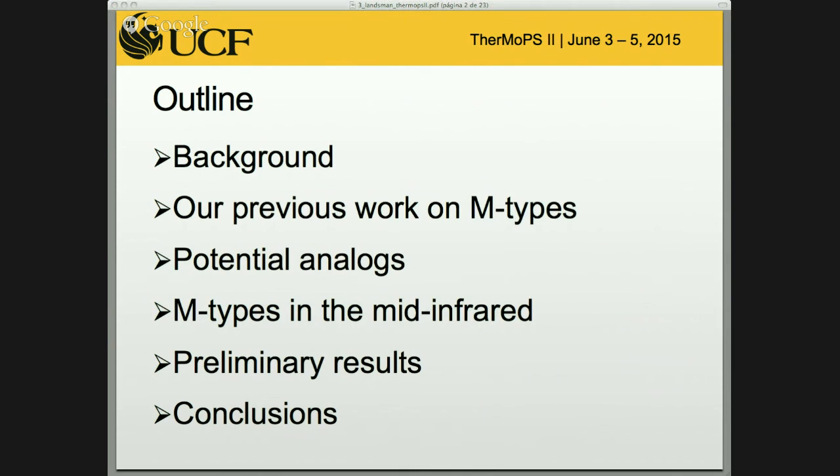Then I'll talk a little bit about where things stand with current interpretations of the M-types, potential analog materials, and then I'll get into what we can actually learn in the mid-infrared and the very, very preliminary results from what we've done there.